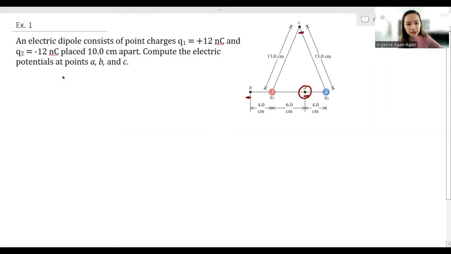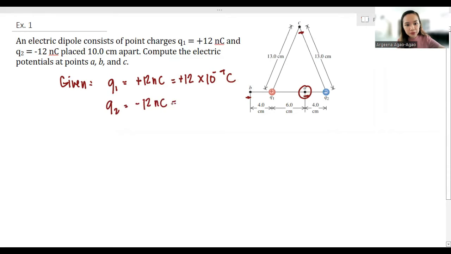Okay, so I will write first our given. We have Q1, that is positive 12 nanocoulombs, or 12 times 10 raised to negative 9 coulombs. Q2, that is negative 12 nanocoulombs, or negative 12 times 10 raised to negative 9 coulombs.